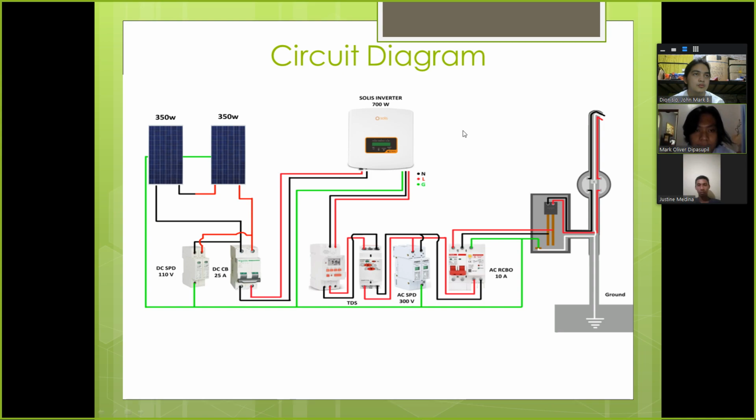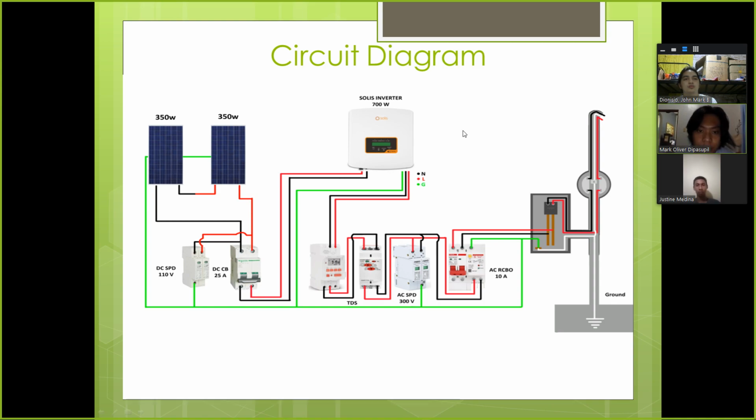So ito nga palang ground wires is nakakonekta in parallel dito sa ating array, sa inverter, sa ating AC SPD, and dito sa ating AC RCBO. Na ngayon ay nakakonekta dito sa ating panel board. Okay? So, again, dito sa ating inverter, nakakonekta siya ngayon in series dito sa ating dalawang time delay switch.